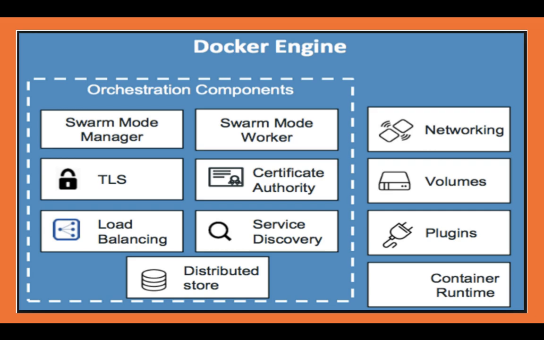So let's see what is inside a Docker engine. A Docker engine contains different orchestration components like distributed store, load balancing, service discovery, TLS, certificate authority, swarm mode worker, and swarm mode manager.